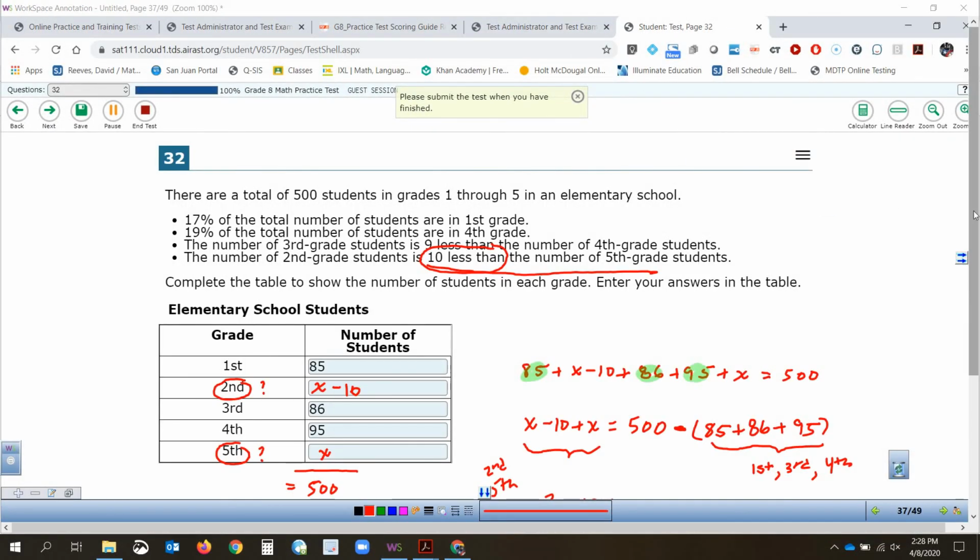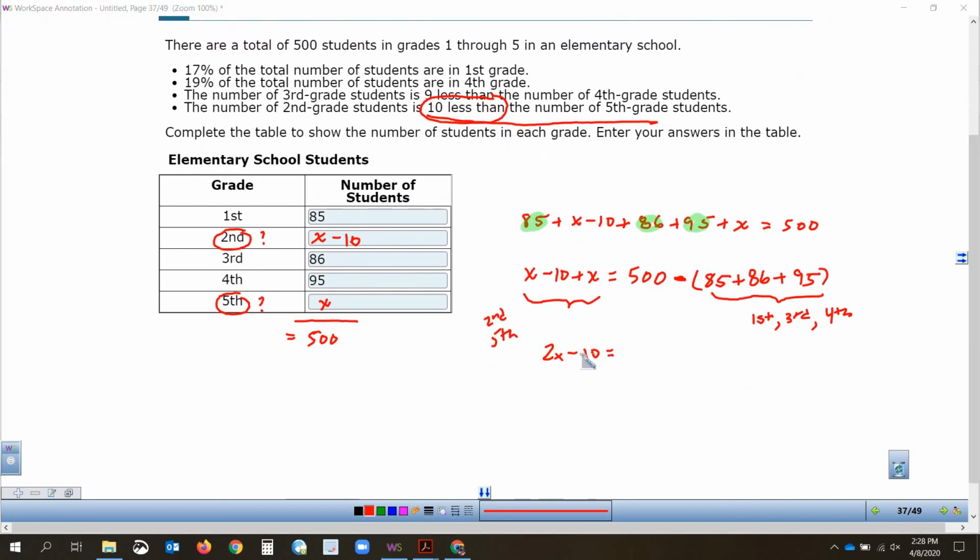So if I go back to my equation right here, then I have 2x minus 10 equals 234. We're almost there. So now I have a two-step equation. My goal is to find x, so I'm going to use inverse operations. What is the opposite of subtracting 10?